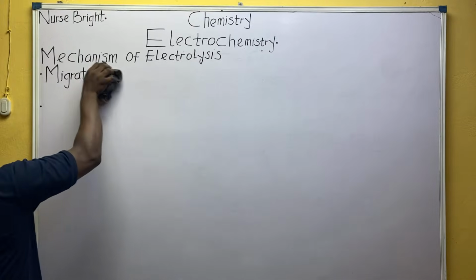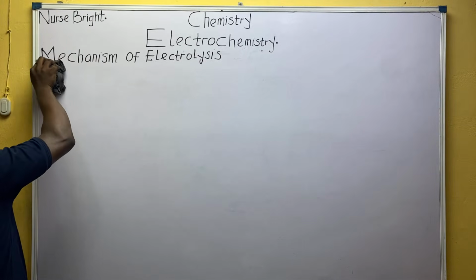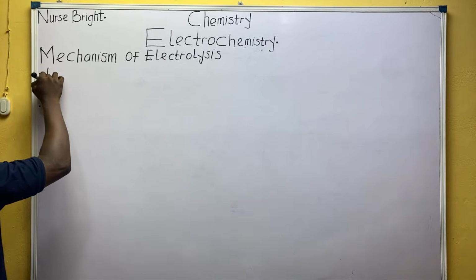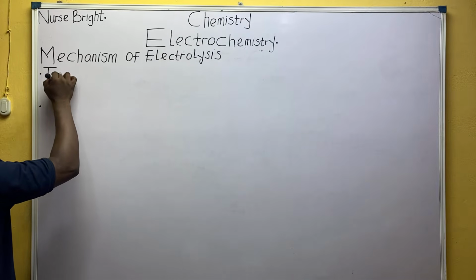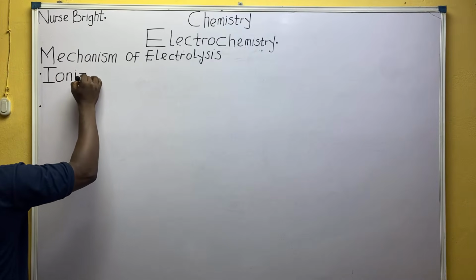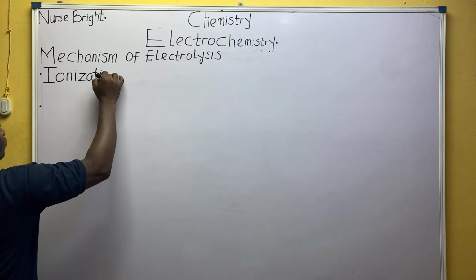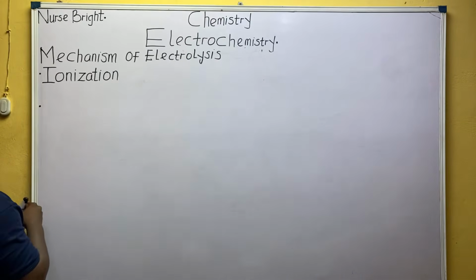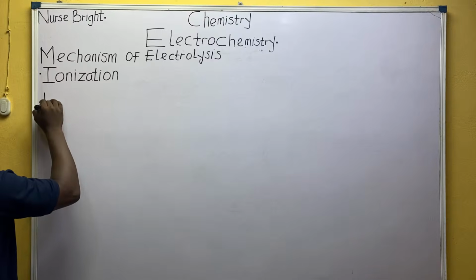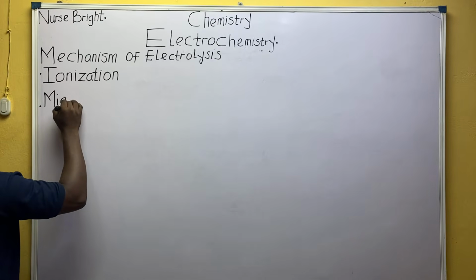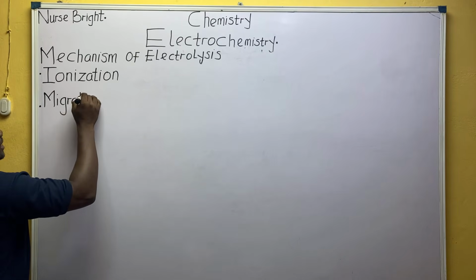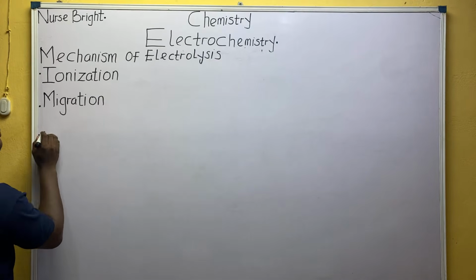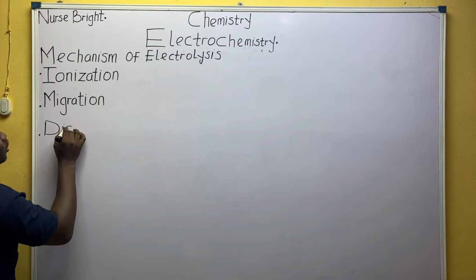No migration, just relax. It's called ionization. So the first process is ionization. After that, the next process is called migration. Number three process, or step, is called discharge.